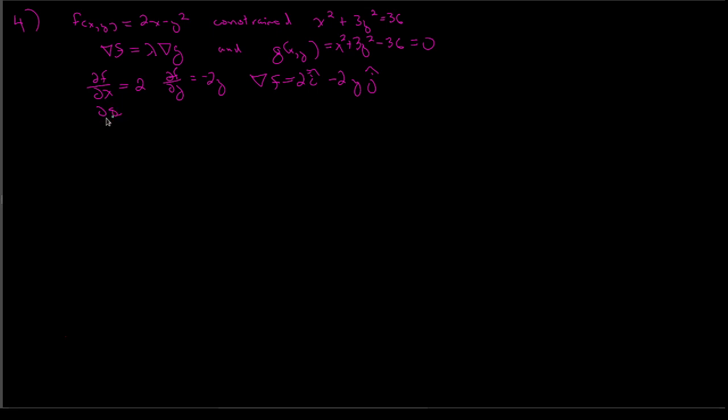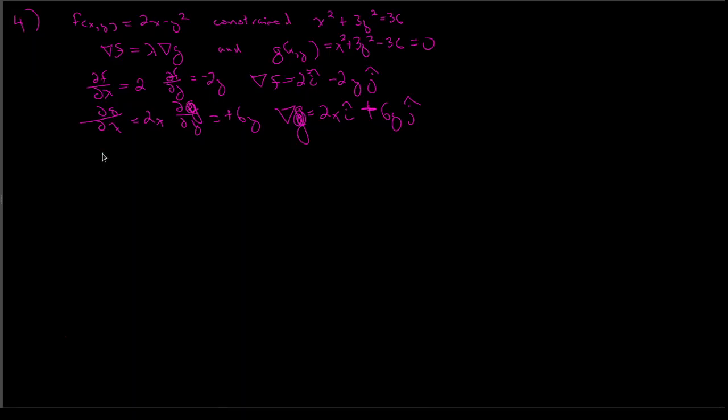And for our gradient of g, we get 2x and negative 6y. Or not minus, plus, because that's a 6 here. Sorry, that's a plus. The minus is there. This is the gradient of g.